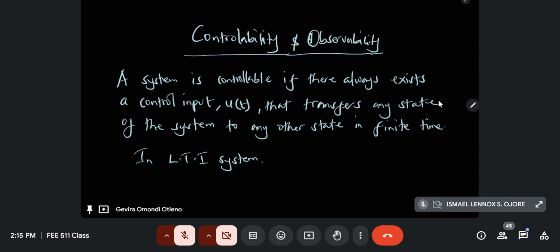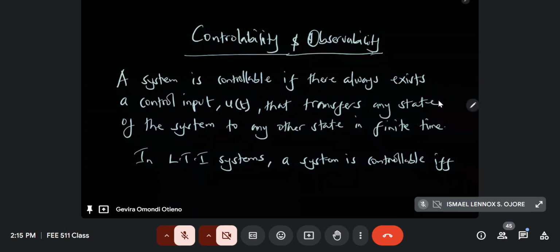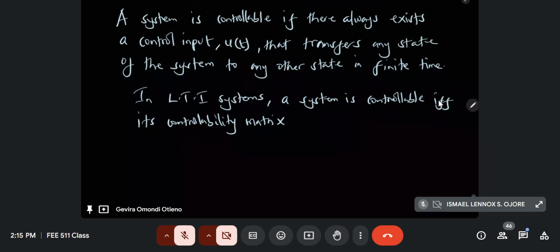Okay, so in linear time invariant systems, a system is controllable if and only if, I hope you know those mathematical expressions, if and only if its controllability matrix, I will give it a symbol C, is of full rank.